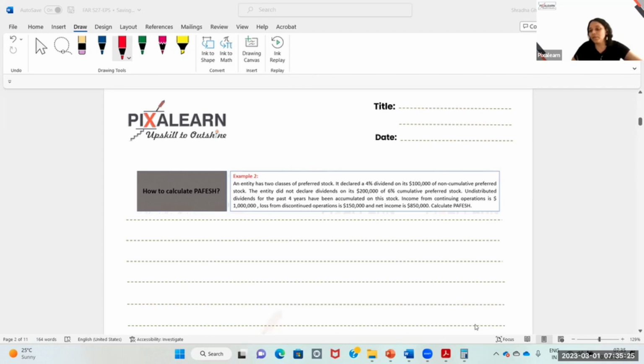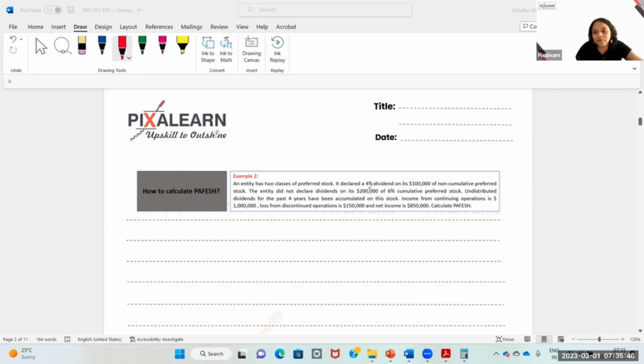So let's see, there is another question that we have here. An entity has two classes of preferred stock. It declared a 4% dividend on its 100,000 of non-cumulative preferred stock. So how much is the preferred dividend here?